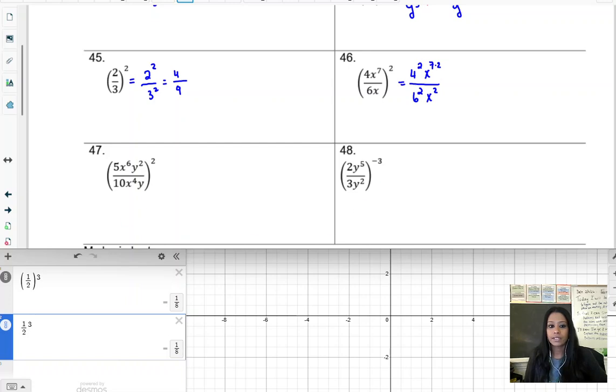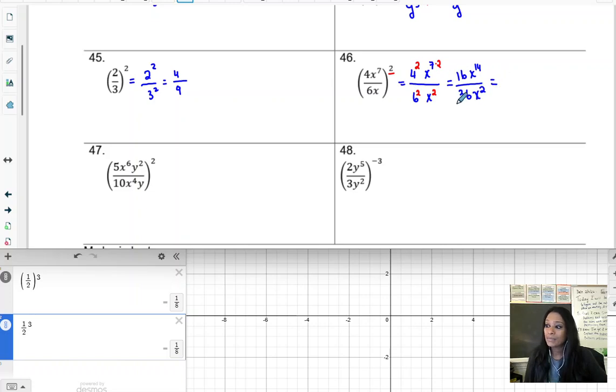Oh, sorry. Okay, so the 2 gets to everything inside of my parentheses. And then 4 squared is 16. 4 times 4 is 16. And then x to the power of 7 times 2 is 14 over 6 squared. 6 times 6 is 36. And then you have x squared.